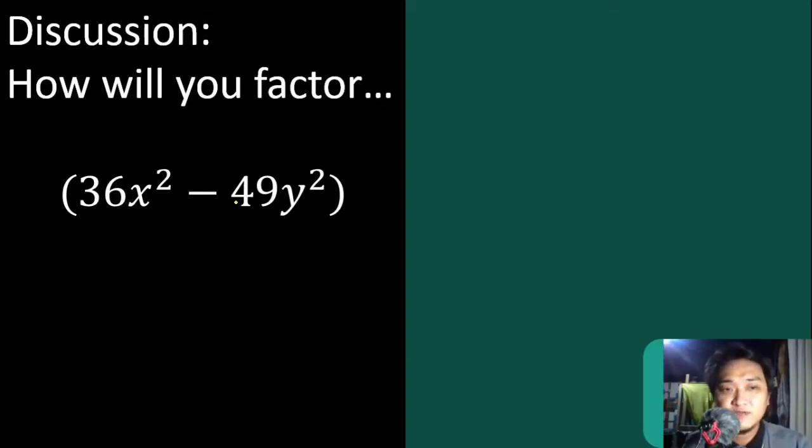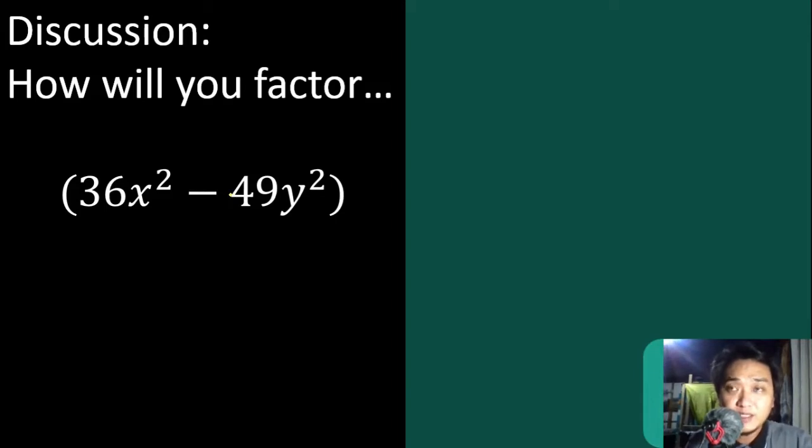Now, let us have another good example as to how we are going to apply the technique, which is the difference of two squares. So, let's say we have an expression 36x squared minus 49y squared. Una't higit sa lahat, bago natin i-apply yung rule natin, ano nga uli yung rule natin?